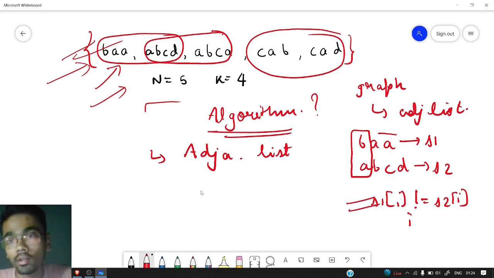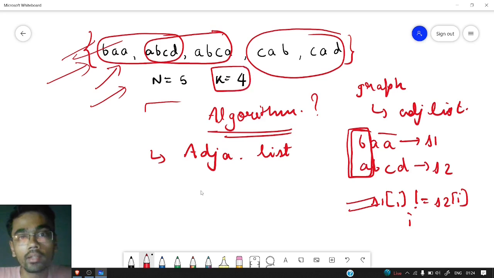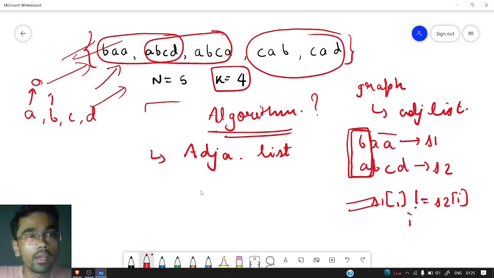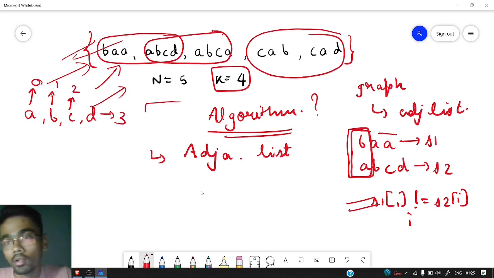So we need to store these two characters in integer format. Here we have been given that k is equal to 4. That means there will be 4 distinct alphabets A, B, C and D. So we can name A as 0, B as 1, C as 2 and D as 3. Then we can make an adjacency list, and in front of 1 we will push back 0.